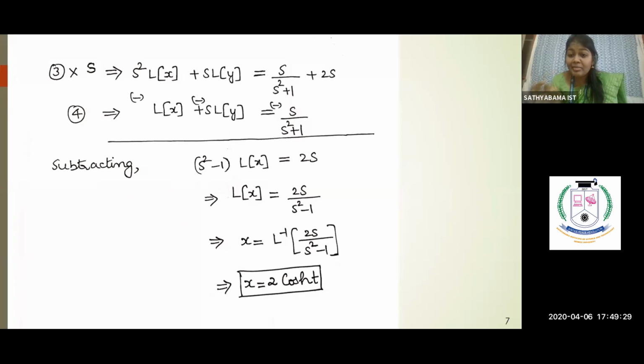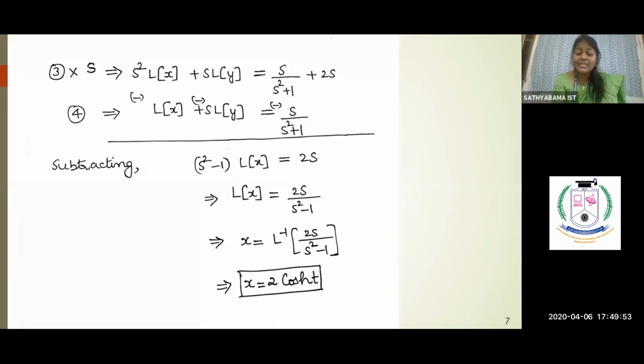So what is the only term that I have? 2s. So what have I done? I've successfully eliminated L of y and I've got an equation in L of x alone. So what is my L of x now? It is 2s divided by s square minus 1. I've brought s square minus 1 to the other side. So L of x is 2s divided by s square minus 1.